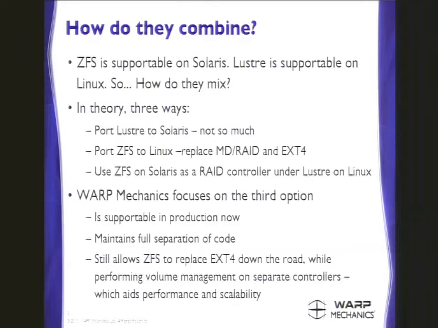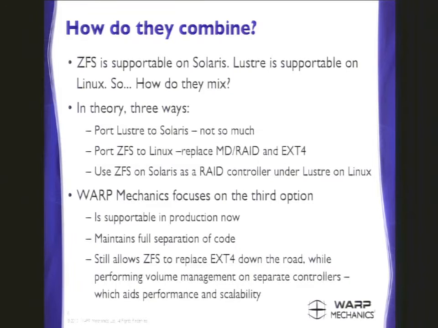Now, because we didn't have the ZFS on Linux stuff hardened and fully production supportable, we felt that ZFS was supportable on Solaris, since that's where it came from, whereas Lustre was supportable on Linux. So since we've been doing this for a year now, the question is, how have we been doing it for a year when these are kind of incompatible approaches?